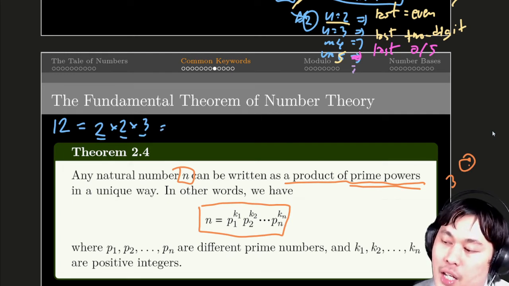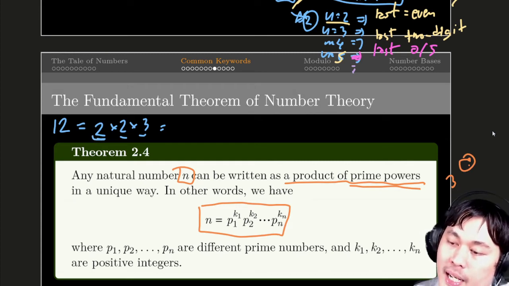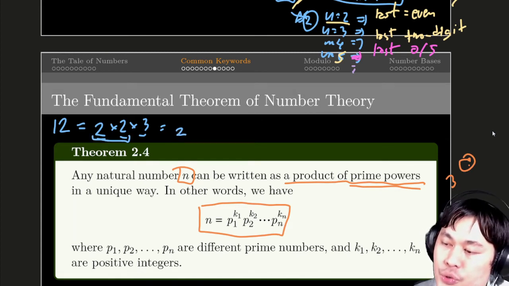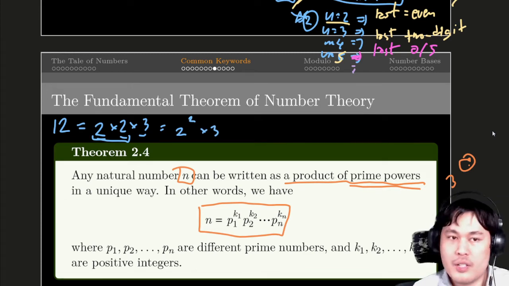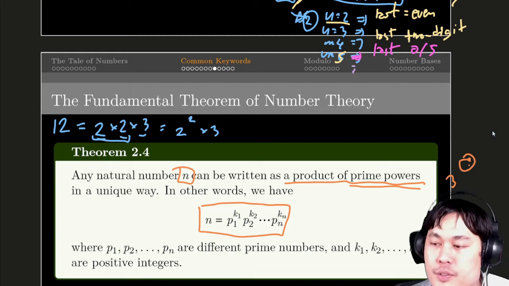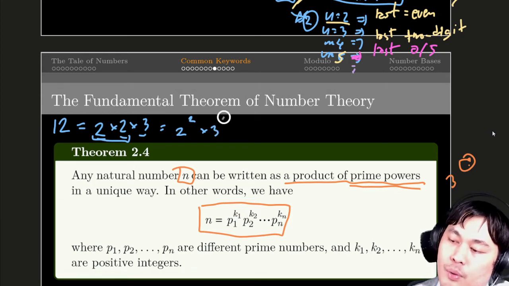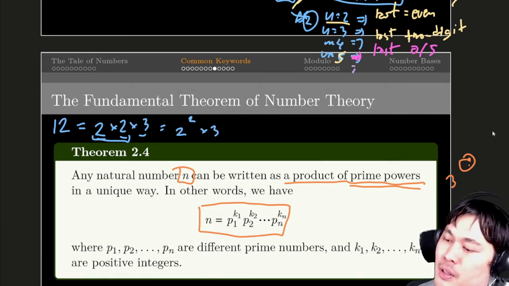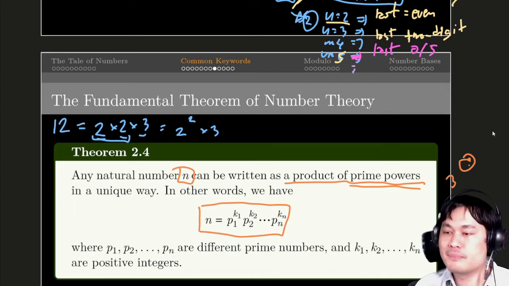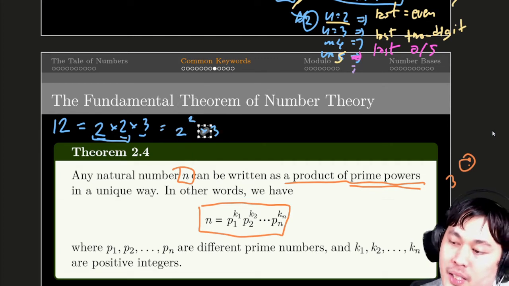Since you have to express them as powers, you combine 2 and 2 into 2 to the 2, and then times 3. So that's how you express 12 as prime powers: 2 to the power of 2, 3 to the power of 1. That's the theorem: there's only one way to express it in this form.